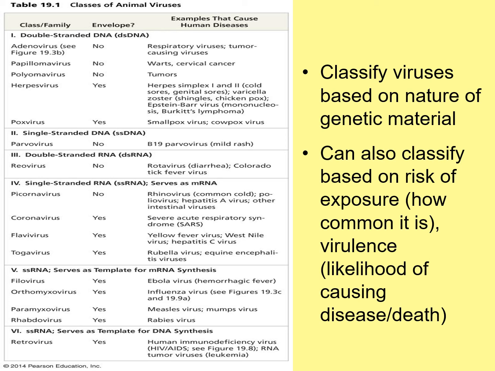The herpes virus, for example, we have several variations in that particular class: herpes simplex 1 and 2, varicella zoster, which causes chickenpox and shingles, and then the Epstein-Barr virus, which causes mononucleosis. And then, of course, you have some of the more severe ones, papillomavirus, which can cause cancer, and some other tumor-causing viruses.